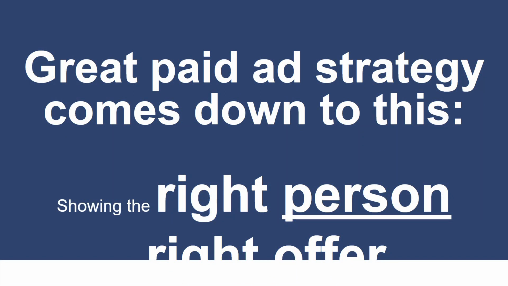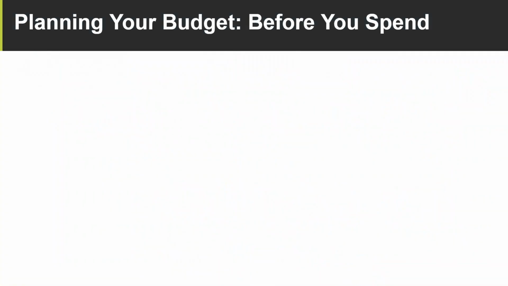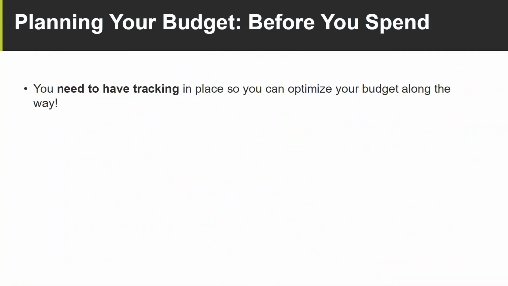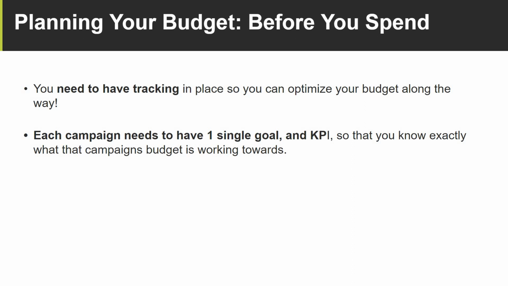I don't know why, but great paid ad strategy comes down to showing the right person the right offer. So planning your budget before you spend. You need to have tracking definitely in place, so you can optimize your budget along the way. Each campaign needs to have a single goal and KPI.